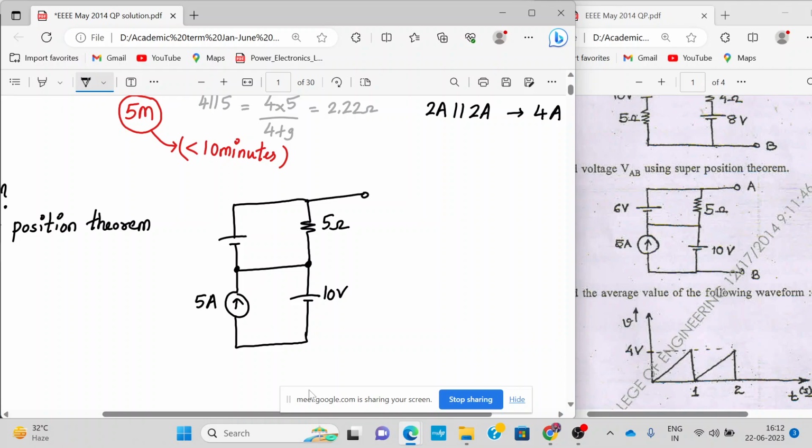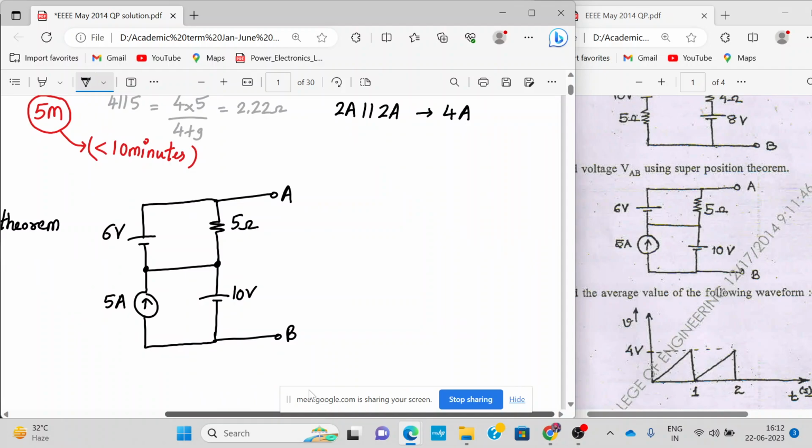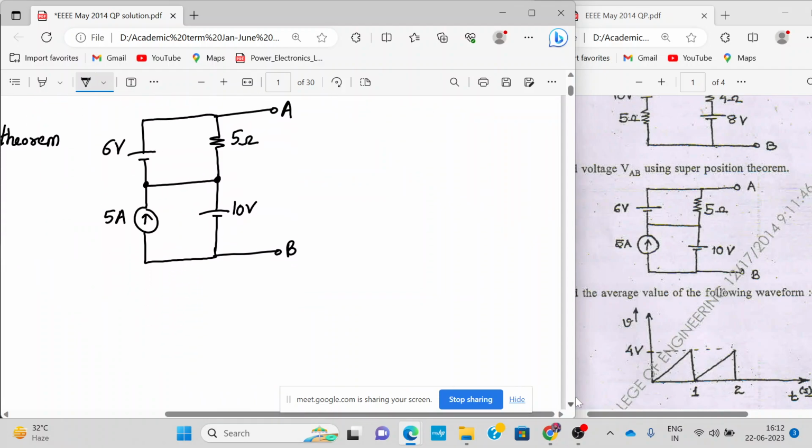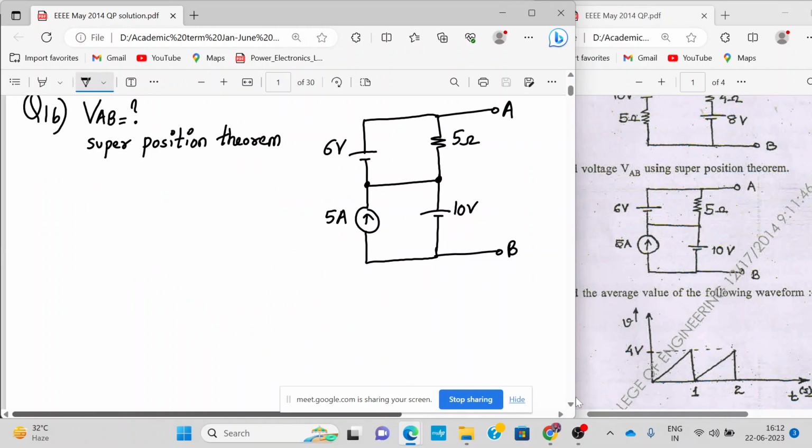This is A and this is B, and this is 6 volt. All right. So what do you mean by superposition theorem? Anyone wants to go? How do we solve it using superposition theorem?